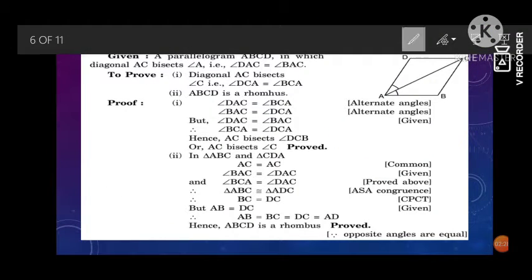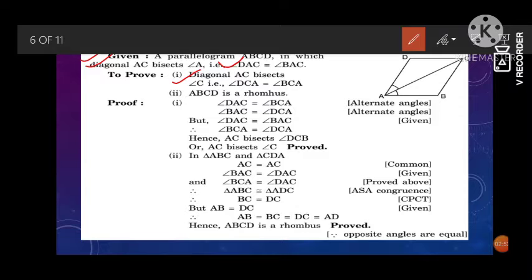First we will write the given. Given: ABCD is a parallelogram and AC bisects angle A, so angle DAC is equal to angle BAC. We have to prove that the diagonal AC also bisects angle C and ABCD is a rhombus.